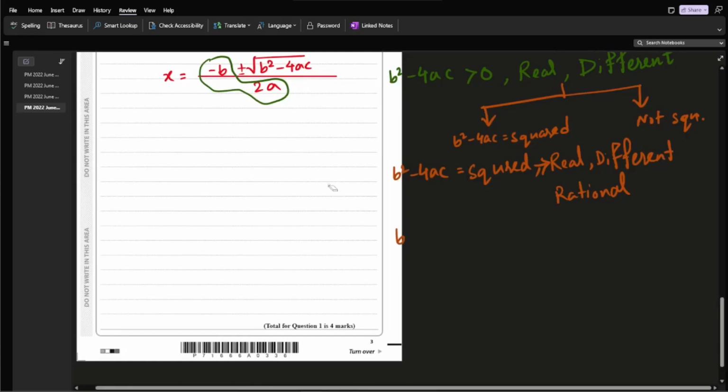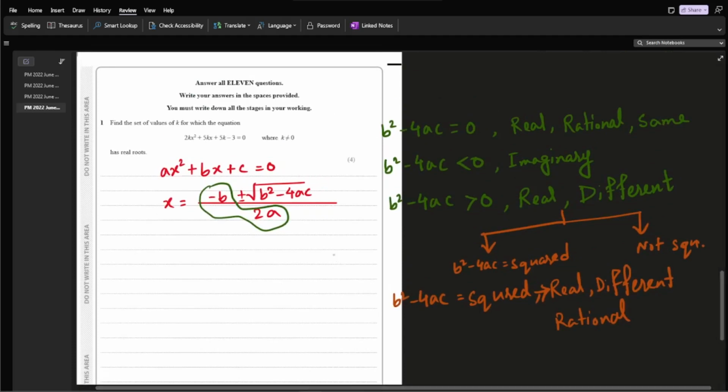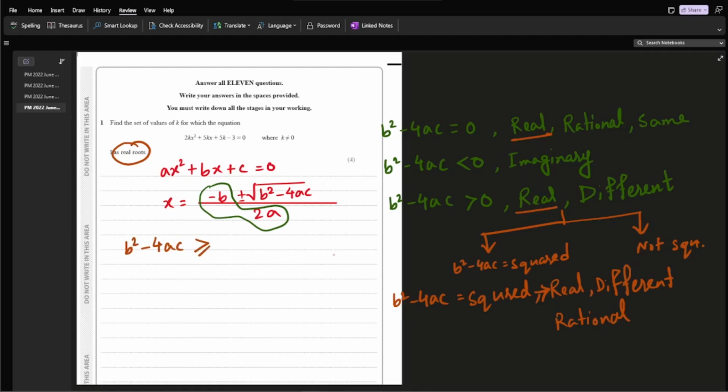If it is not, then they are irrational. That's all. Now in here it says real roots. Real meaning this part and this part, so b squared minus 4ac is greater than or equal to 0.